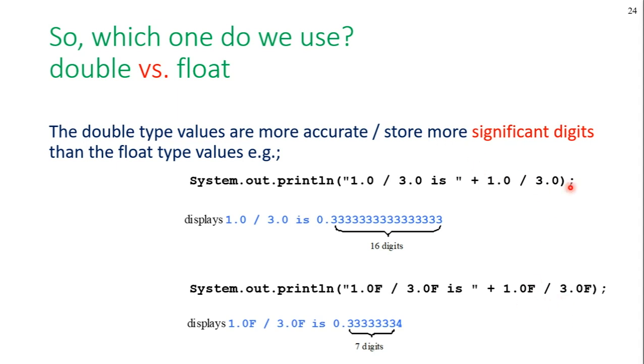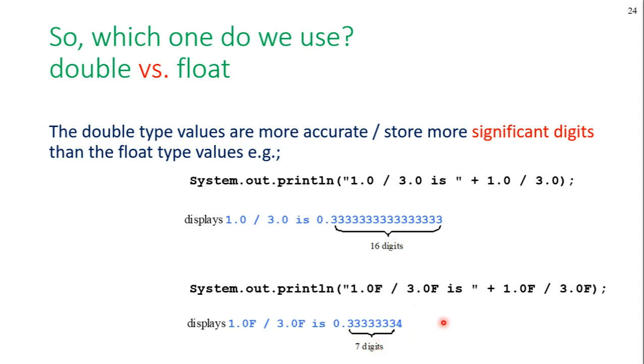If both of them are double, the result will be double. If both of them are float, the result will be float. So here I still do 1 divided by 3, but because 1 and 3 are both of float data type, the result will be a float as well. And you can tell that there are definitely fewer significant digits for a float than a double.